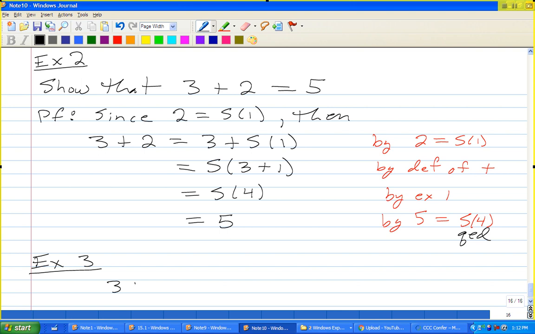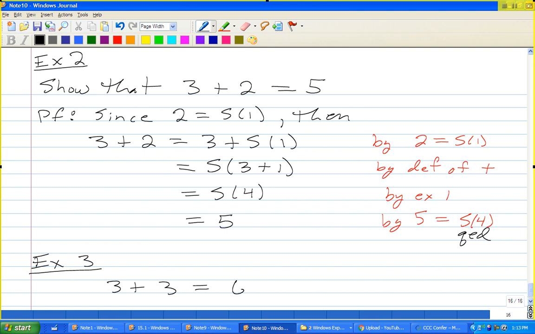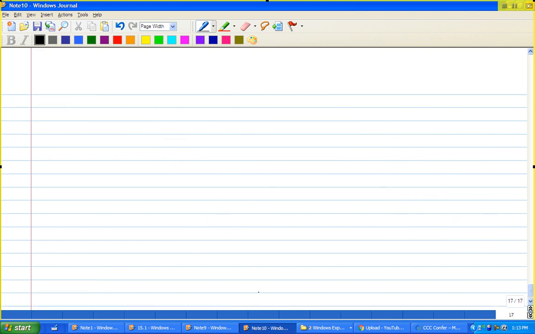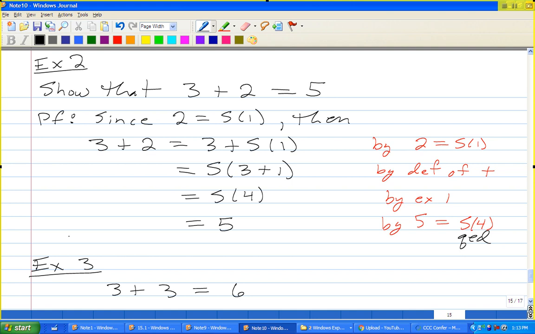Let's show that 3 plus 3 is equal to 6. Okay. So let's see what I have to do. So proof. Well, notice that for 3 plus 2, I wanted something involving a successor, so I used the fact that 2 was the successor of 1. So now I'm going to look at this.